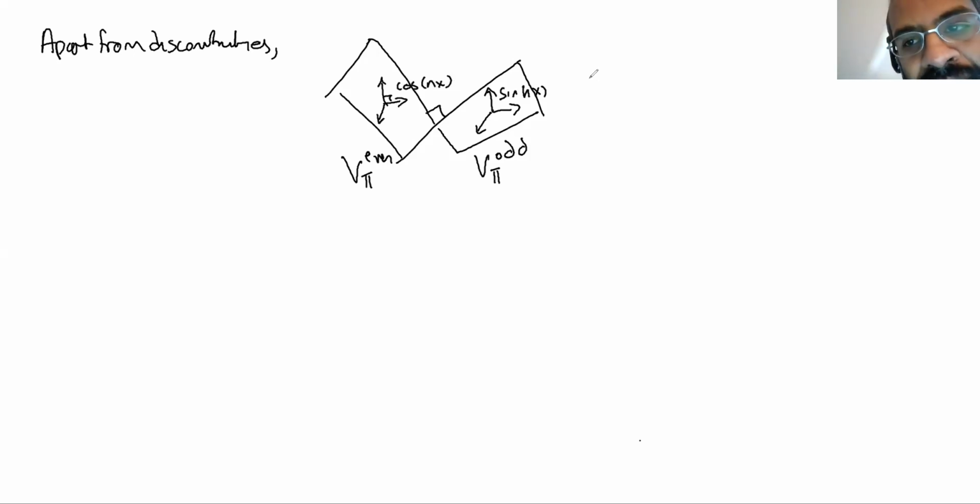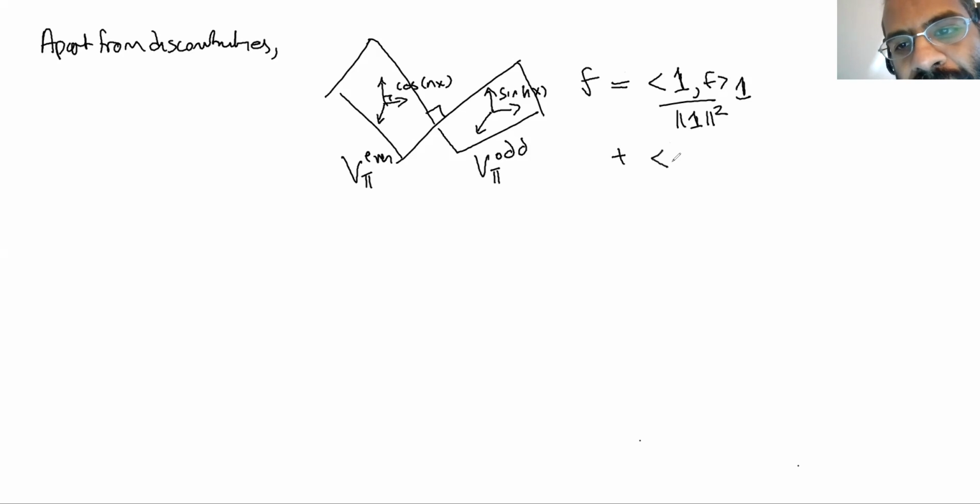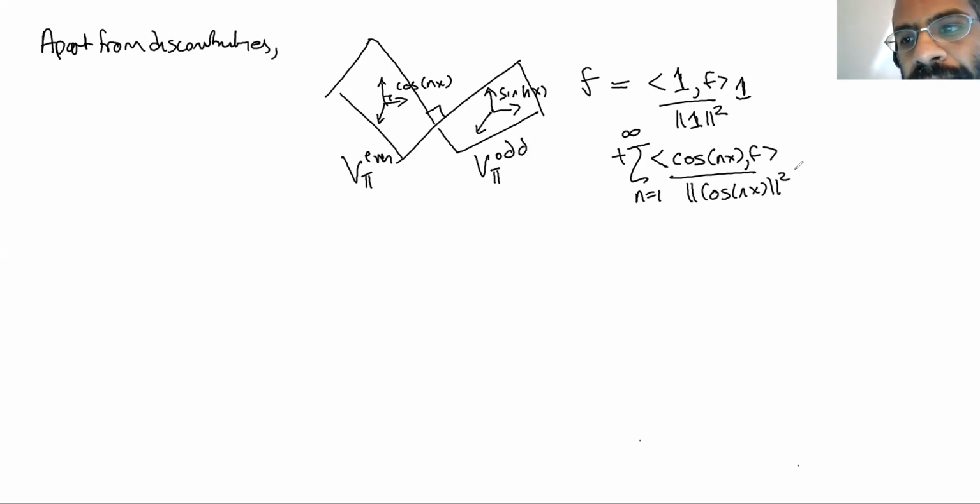And any f is equal to what you would get: the inner product of f with the one function over the squared norm of the one function times the one function, plus the summation over all n of the inner product of cos nx with f over the norm squared of cos nx times cos nx, plus the sum over the sines.